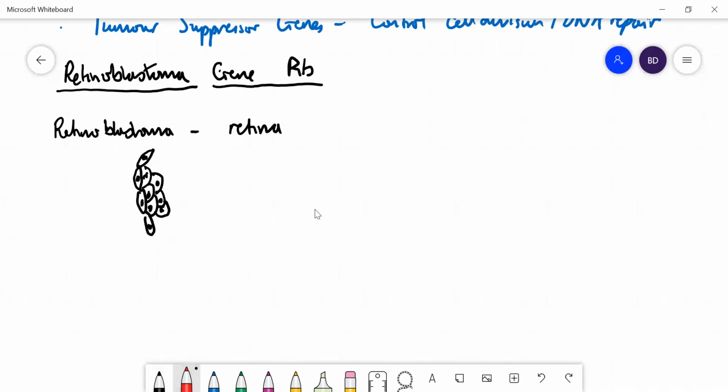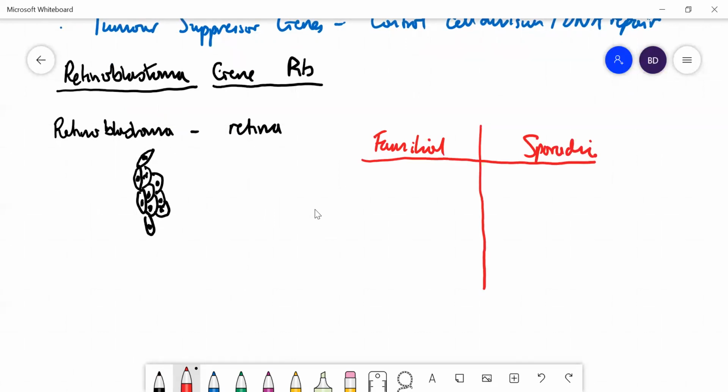One is called the familial, and one is called the sporadic. In the familial one, it obviously runs in families. Those families also have a higher incidence of other cancers.